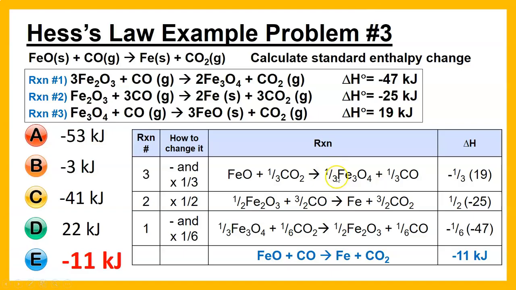I have 1/3 here, so I'm going to need 1/3 here. But what's tricky about reaction 1 is that there's 2 moles. How do I go from 2 moles of something to 1/3 of a mole? I have to multiply by 1/6.